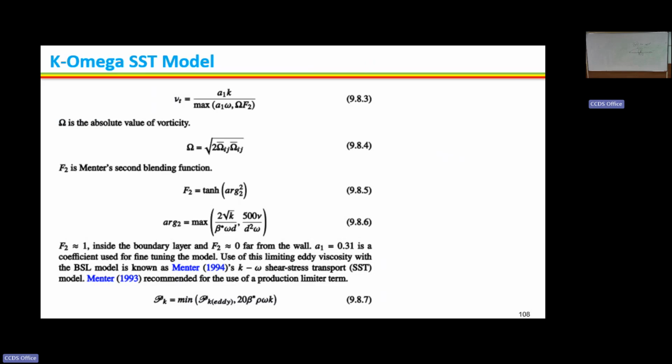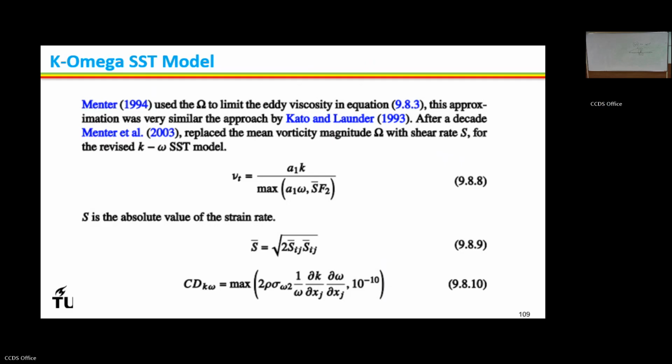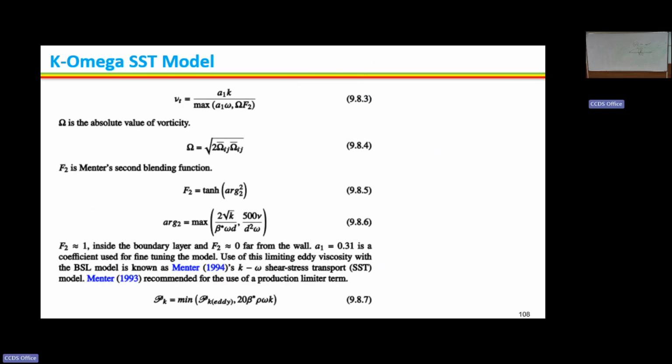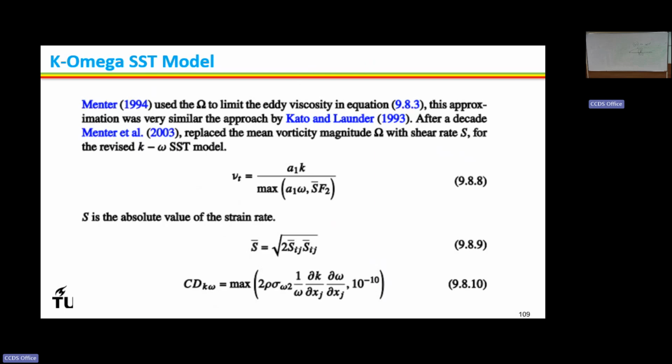So in his 2003 paper, he replaced the vorticity, omega ij root over, by the mean strain rate, because he found strain rate is invariant to coordinate rotation, while the vorticity shows variation with respect to coordinates.